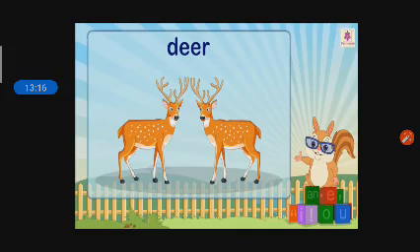Now see, deer. One deer, also deer, and more than one deer, also the same. The answer will be the same as it is. So some nouns will not change in singular or plural. It will be the same as it is in the answer.